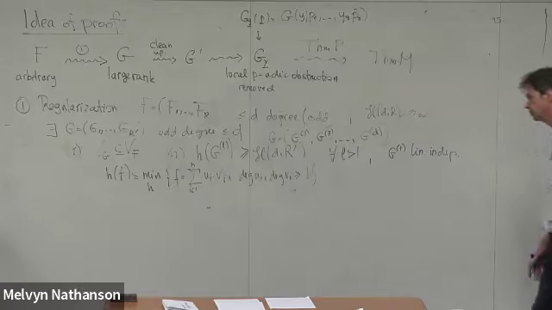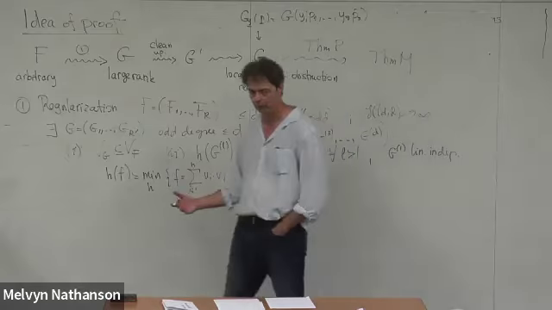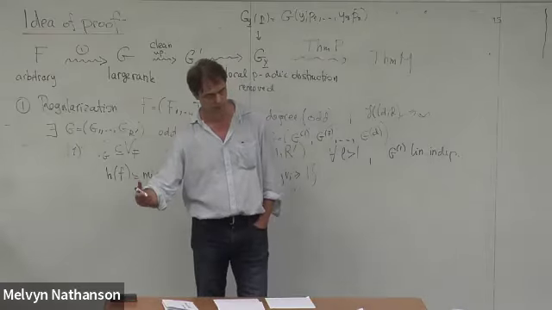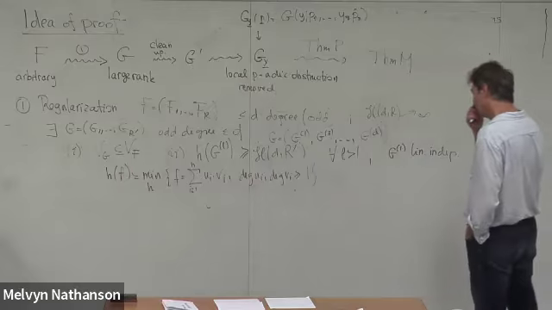So, for example, if F is a power, then its Schmidt rank is 1, because you can write it as a product of just two functions.